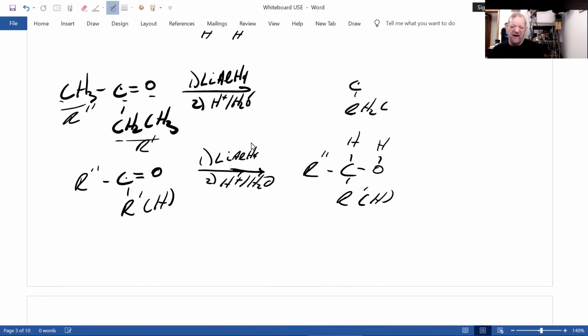Therefore, I have my ethyl group and my methyl. I break the pi bond, and each atom of that carbon-oxygen double bond gets a hydrogen. And this you can use in very special cases. Lithium aluminum hydride is a lot more expensive than hydrogenation, but when you're making medicine that has other functional groups in there, this is the one that you use.